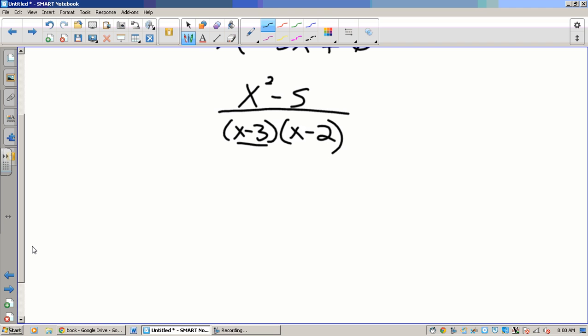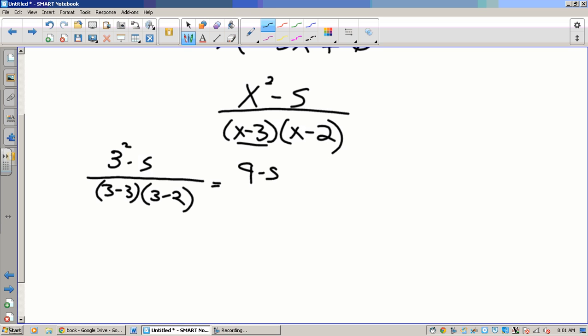So Riley, taking a look at this. If x was 3, we would have 3 squared minus 5 over 3 minus 3 times 3 minus 2. And that would equal 9 minus 5 over 0 times 1.